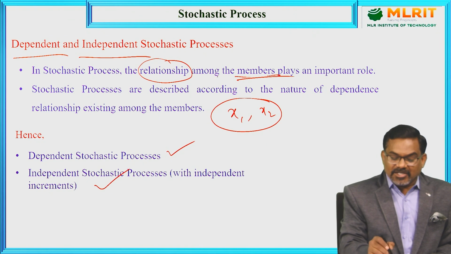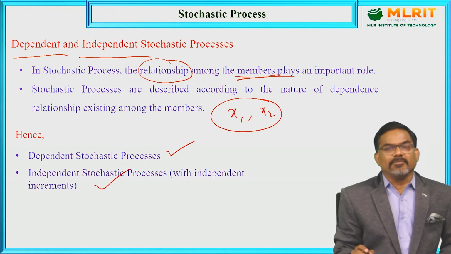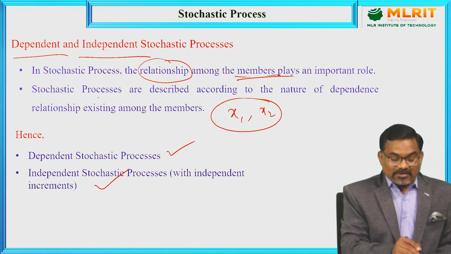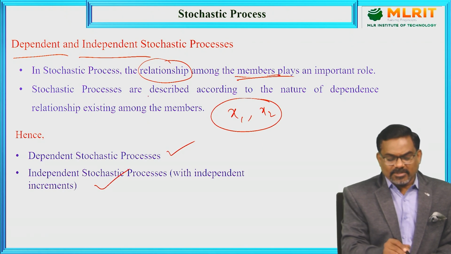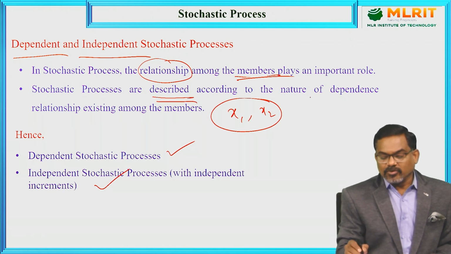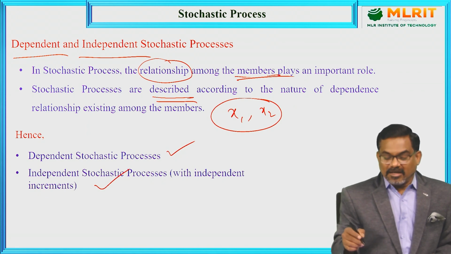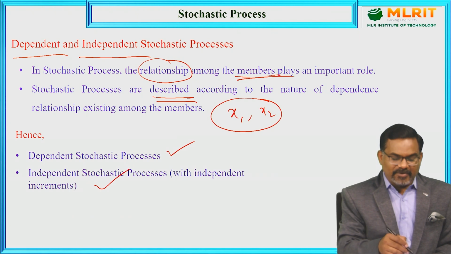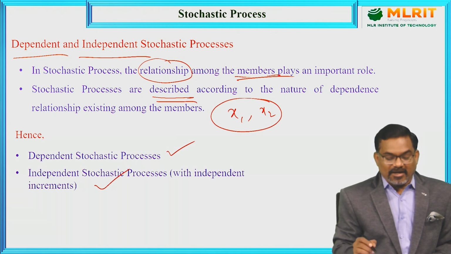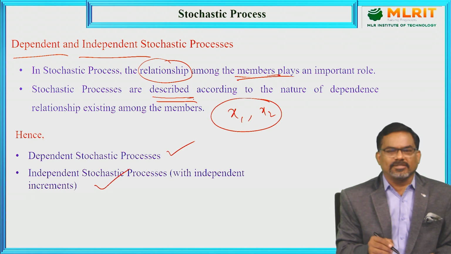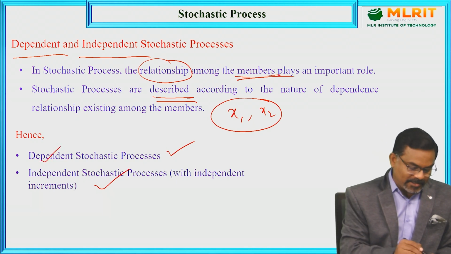The relationship among the members plays an important role, and hence stochastic processes are described according to the nature of the dependence relationship existing among the members. Based on this, we divide the stochastic process into two types: dependent and independent.